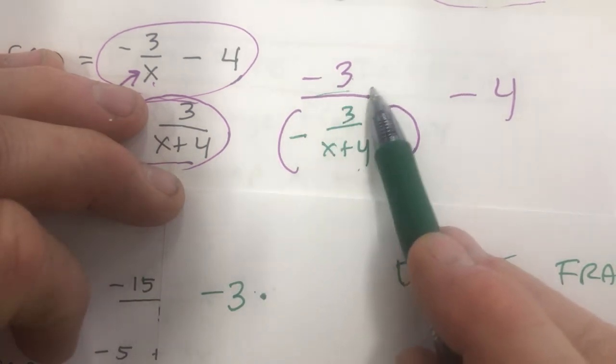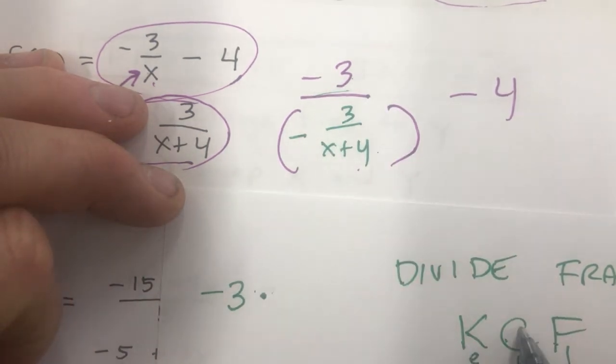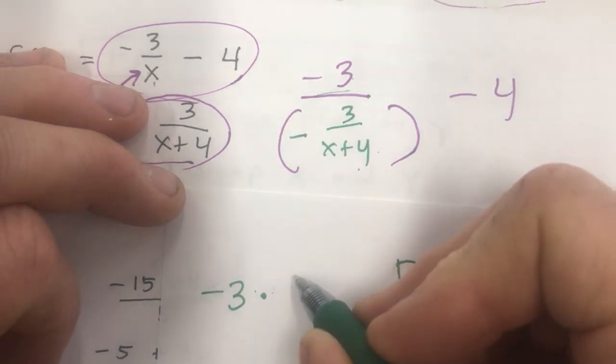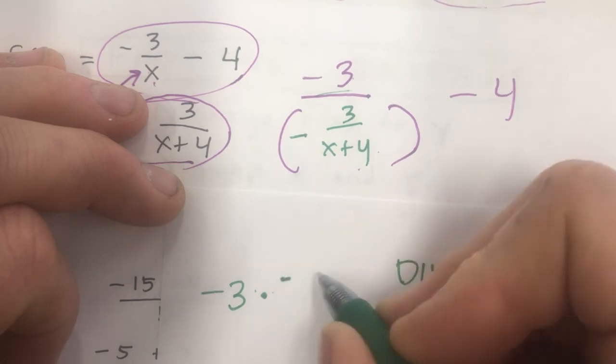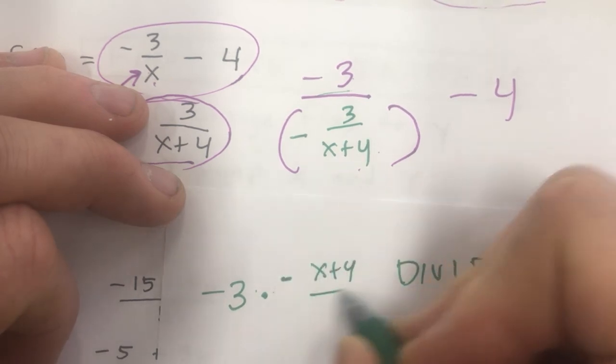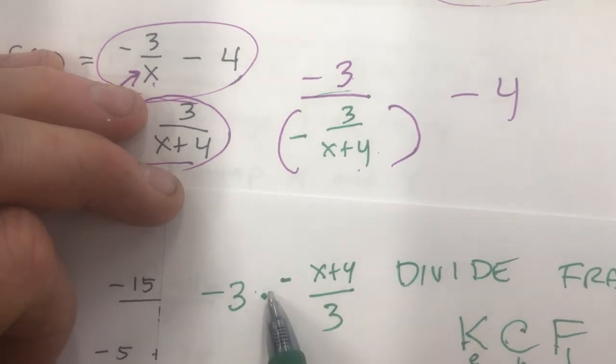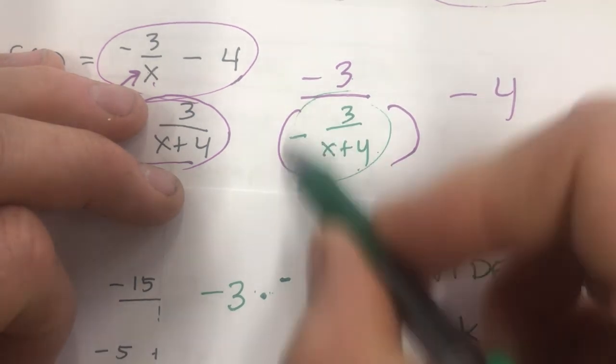I'm going to change from divide here to multiply. Keep the top, change to multiply, and then I'm going to flip this bottom to make it look like this. So I got the negative out front. Okay, so I keep this guy, change to multiply, and I flip the bottom one.